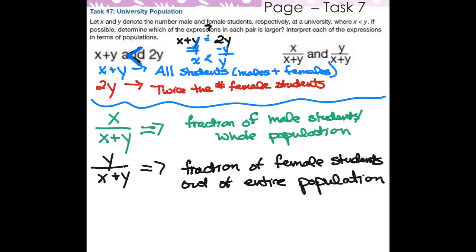Or which inequality sign would I use? Do you not like the inequalities? Which one is smaller? X over x plus y or y over x plus y? Yeah. This one is smaller, so the big mouth goes to the y amounts. Okay? All right.